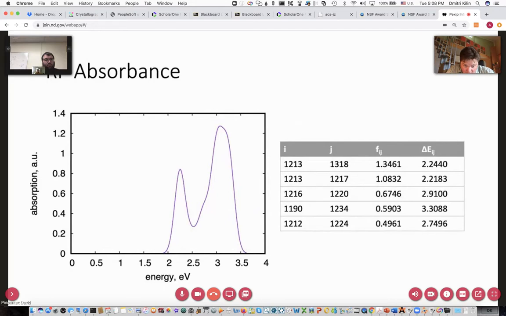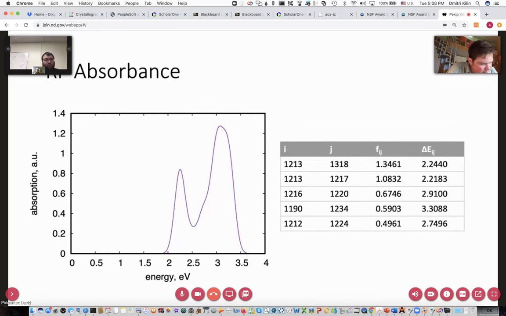And we're looking at about a 2.2 eV peak for the initial peak. I do not offhand remember what the HOMO is in this one. I want to say it's 216.